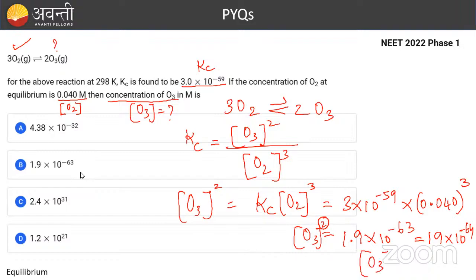Now O3 will be equal to the root of 19 × 10^-64. Taking -64 out of the root gives -32, and the nearest number for 19 is 16. You all know that root 16 is equal to 4, right? So it will be some 4 point something.